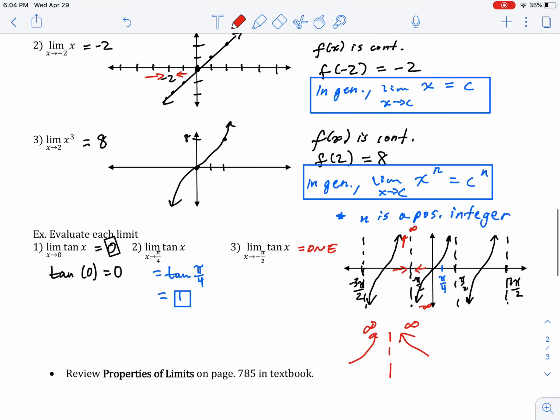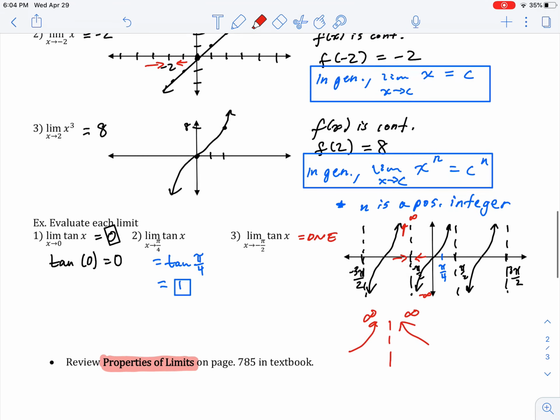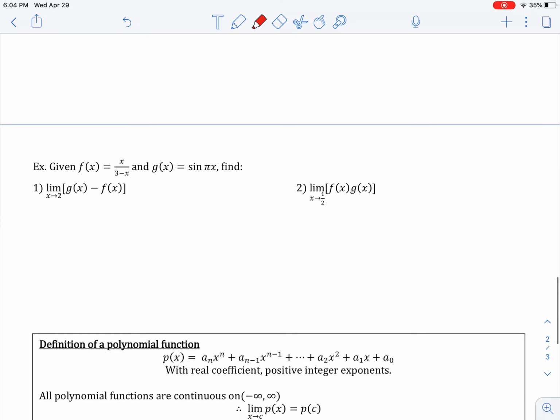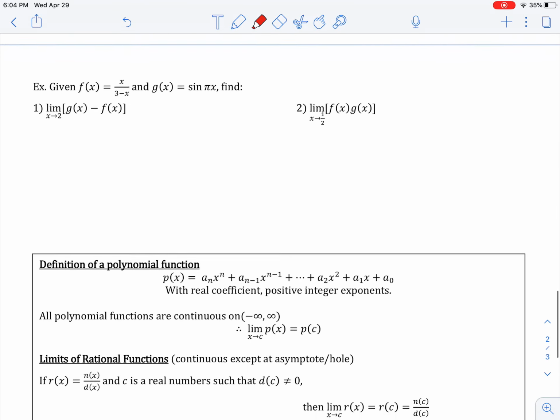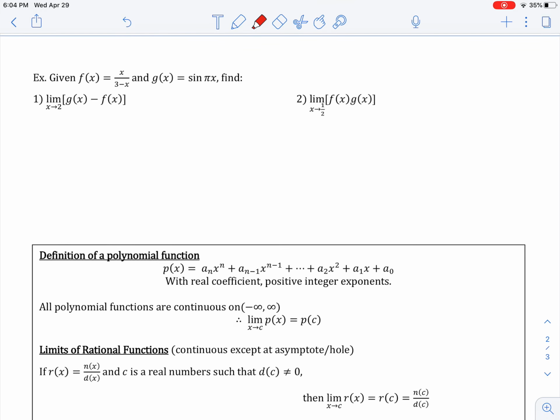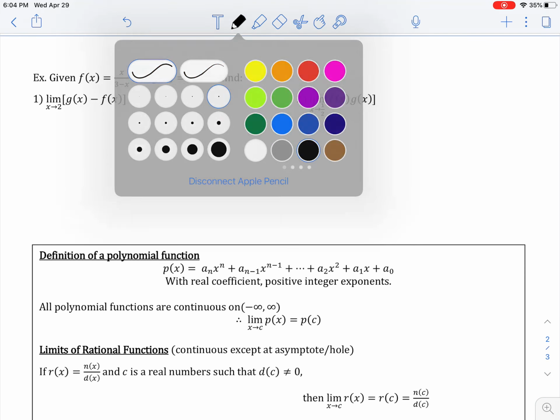I would encourage you to go ahead and open up to page 785 in your textbook and review the properties of limits if you haven't already done so. Okay, so go ahead and review those. The page numbers might be a little different if you have a different edition of the textbook, but they should still be in the same area. All right, now let's look at a few more problems now once you've reviewed those properties.